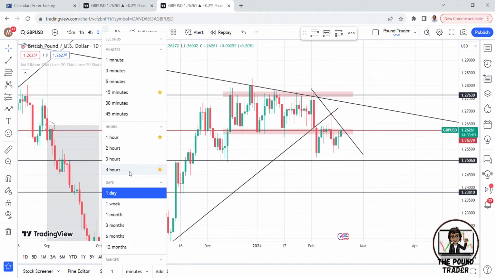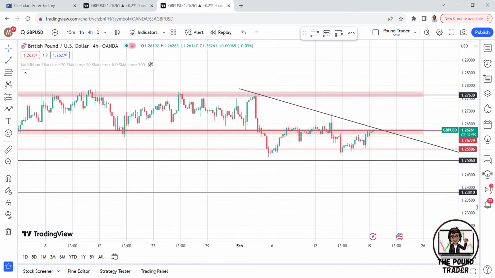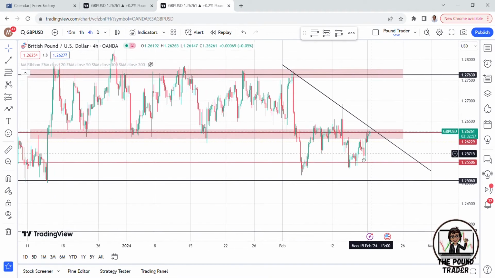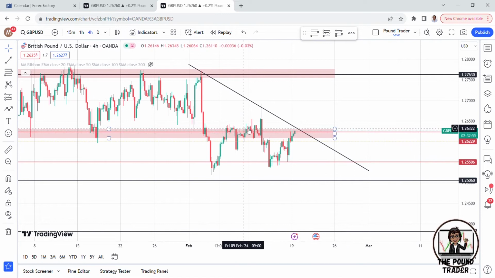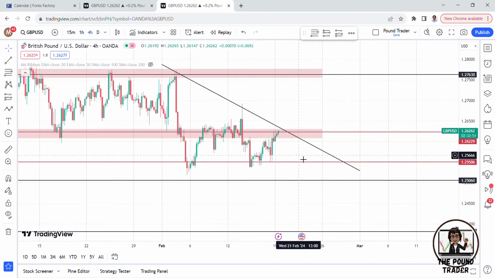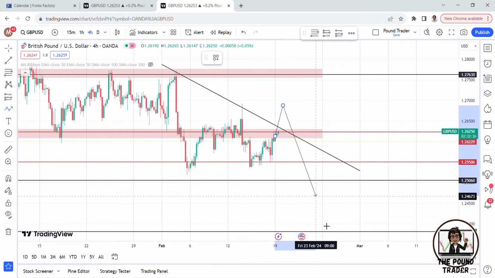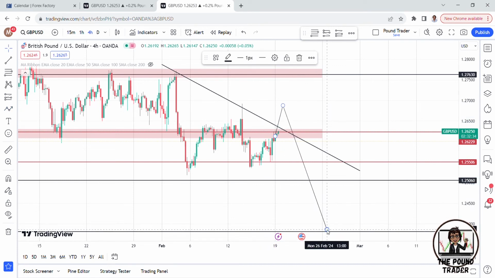Going over to the 4-hour time frame. Here we can see that last week price was just hovering around this level over here. Today we're almost pushing up. Now I'm not sure if it wants to come back to this level again and maybe take it down. But if it breaks this level over here, then I would most probably be watching for a reaction around this point before looking for sells towards that side.